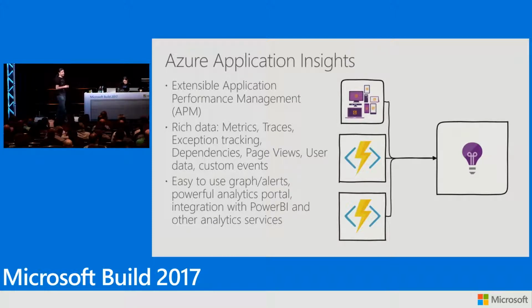So App Insights, Application Insights, how many of you guys are using App Insights? All right, so most of you are familiar and know what we can do. So great news, when you create a new function today on the portal, you can check a checkbox that says I want Application Insights enabled and deployed with it, and you have App Insights deployed with your Azure Function, which is awesome. It gives you rich telemetry and data, you own all of that.